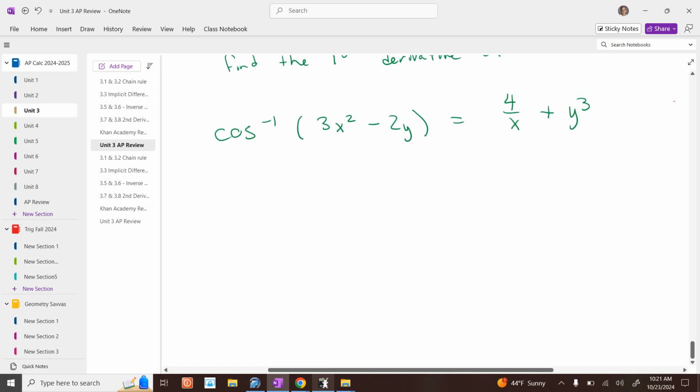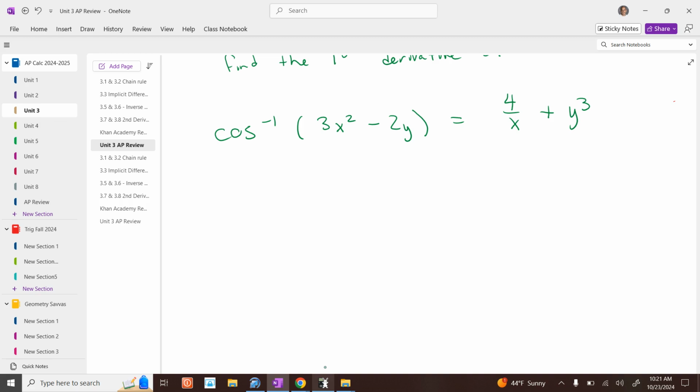Find the first derivative of that. It looks similar to this. So what would we do?